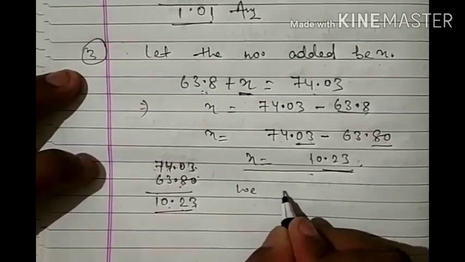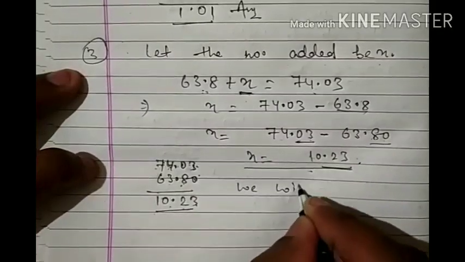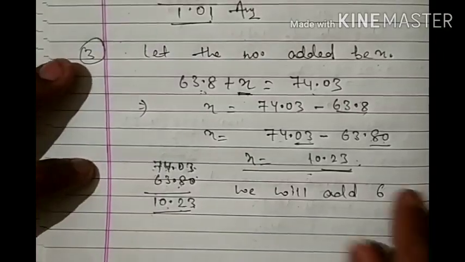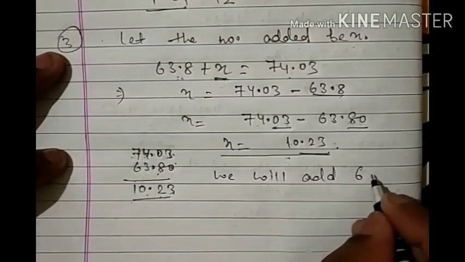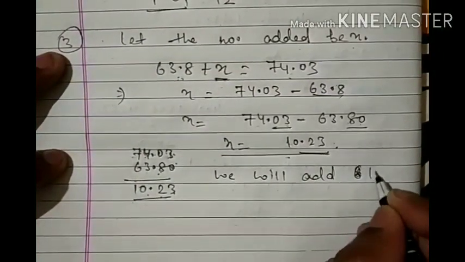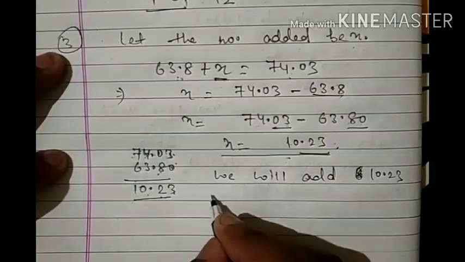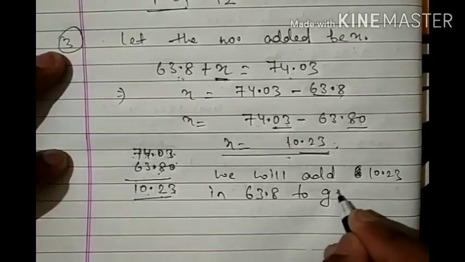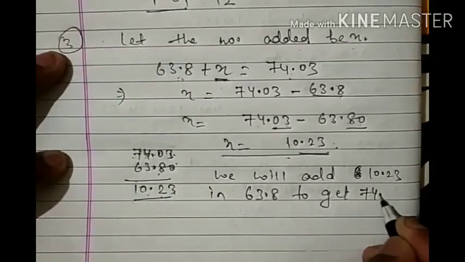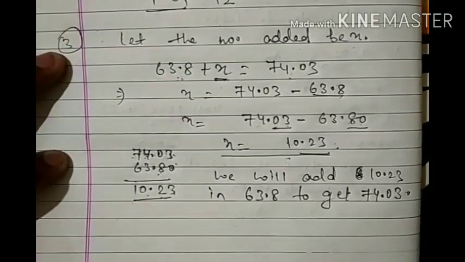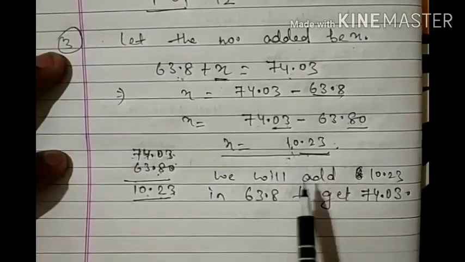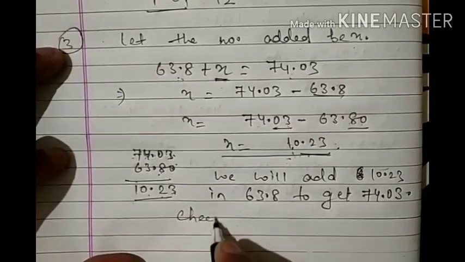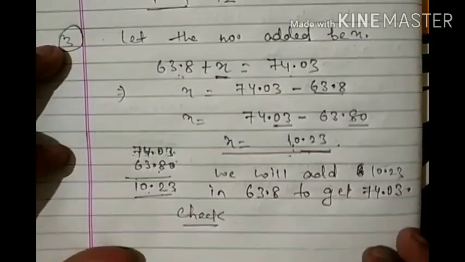We will add 10.23 to 63.8 to get 74.03. We can also check our answer. We will check our answer.